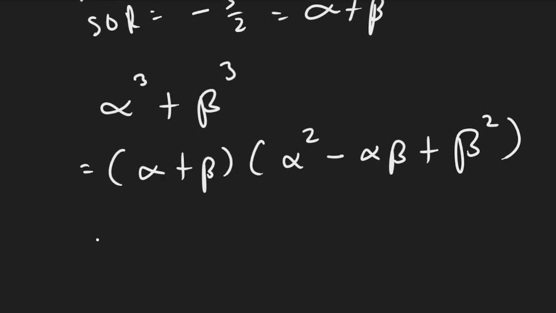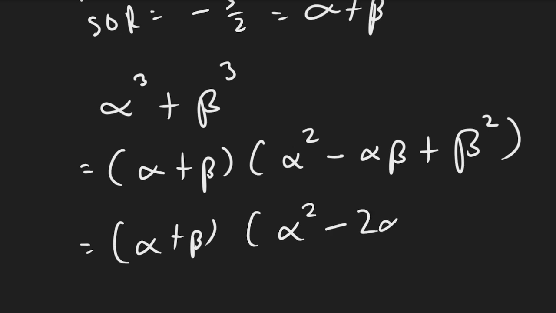So we have alpha plus beta, and we have alpha squared. We notice that there's a minus here, so let us consider minus 2 alpha beta, plus beta squared, plus alpha beta.